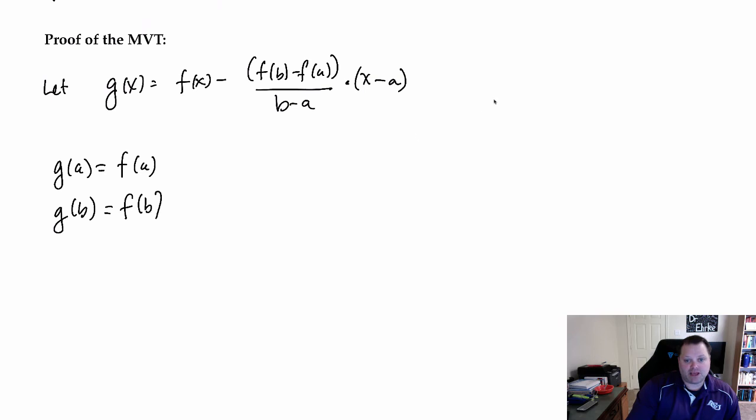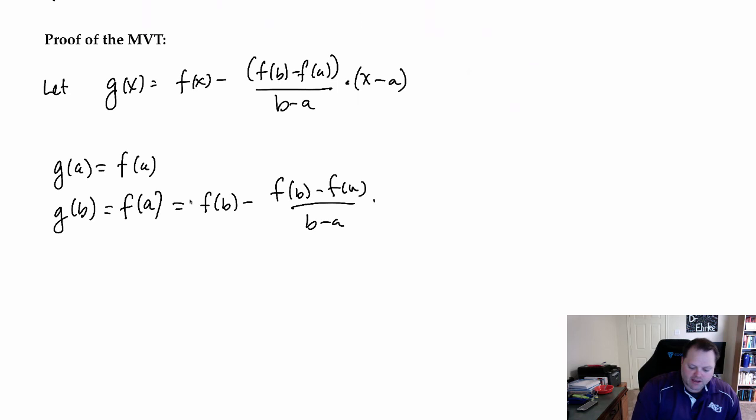And if you plug in b, right, you get f of b minus f of b minus f of a over b minus a times b minus a.